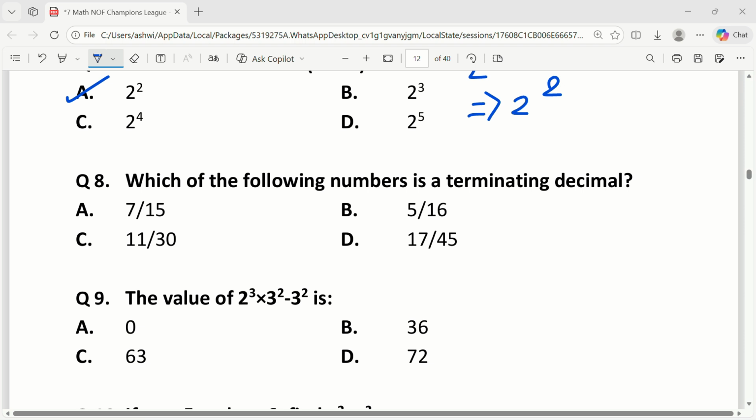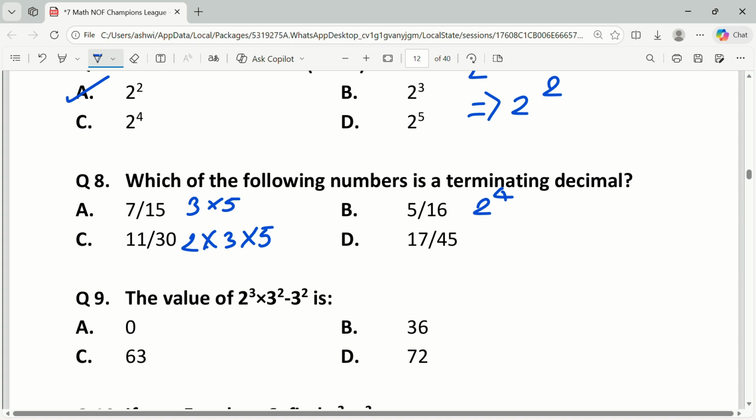For A, denominator 15 is equal to 3 into 5, contains the factor 3, so non-terminating. 5 by 16, 16 is 2 to the power 4, contains only 2, so terminating. 11 by 30, denominator is 30, that is 2 into 3 into 5, contains 3, so non-terminating.